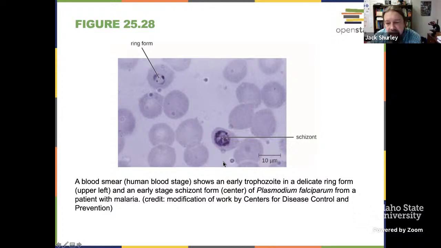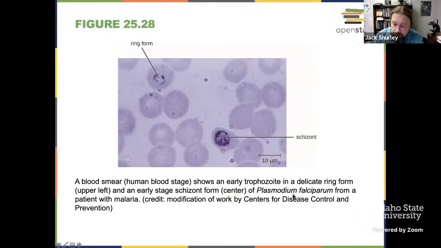This image is of Plasmodium falciparum. It's the most dangerous of the plasmodia. It's the most common. It's highly infective, targeting any aged red blood cell, causing serious concerns and issues.